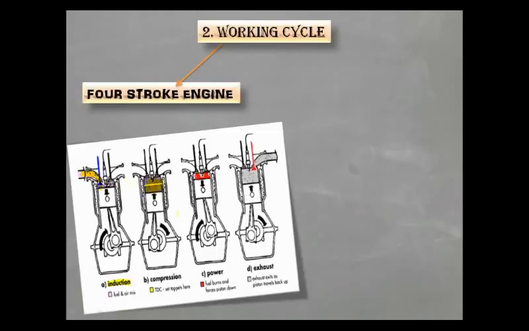Third, power stroke, where fuel burns and transfers its energy to the piston, which in turn converts this thermal energy into mechanical energy. Fourth, exhaust stroke. The residual gases or burnt gases are removed from the cylinder through the exhaust port during the exhaust stroke.